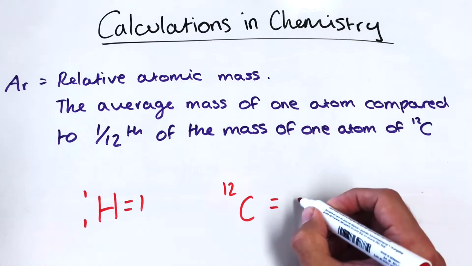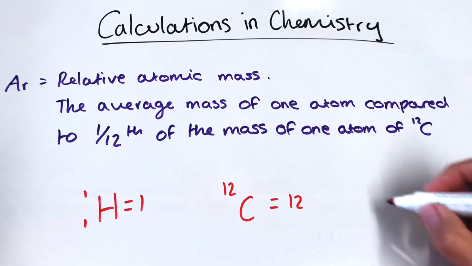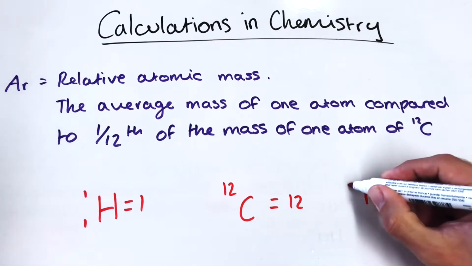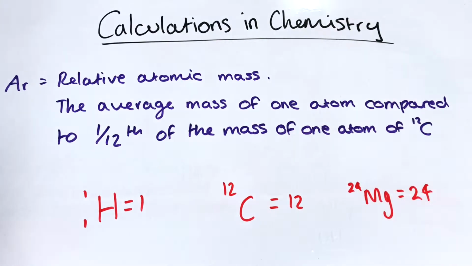The carbon-12 would be equal to 12, and then magnesium, as an example, would be equal to 24 if we had the isotope of magnesium that weighs 24. So magnesium is double the mass of carbon-12, or hydrogen here is 1/12 of the mass of carbon-12. All we're doing is setting a benchmark to work from, with carbon-12 being the centre.